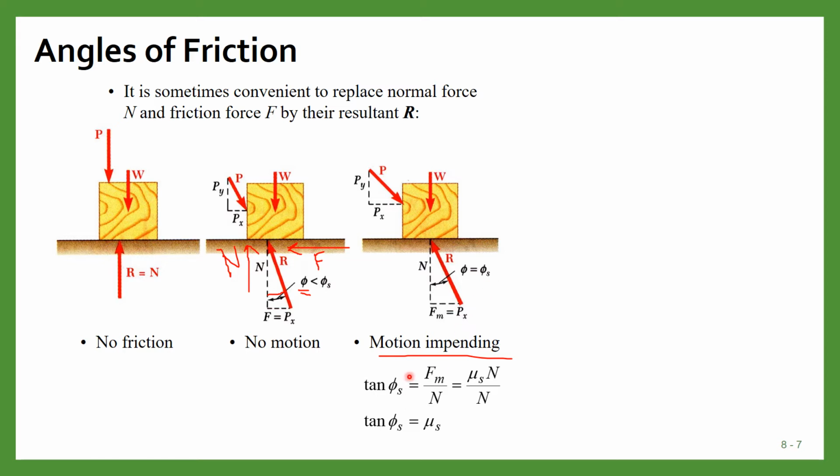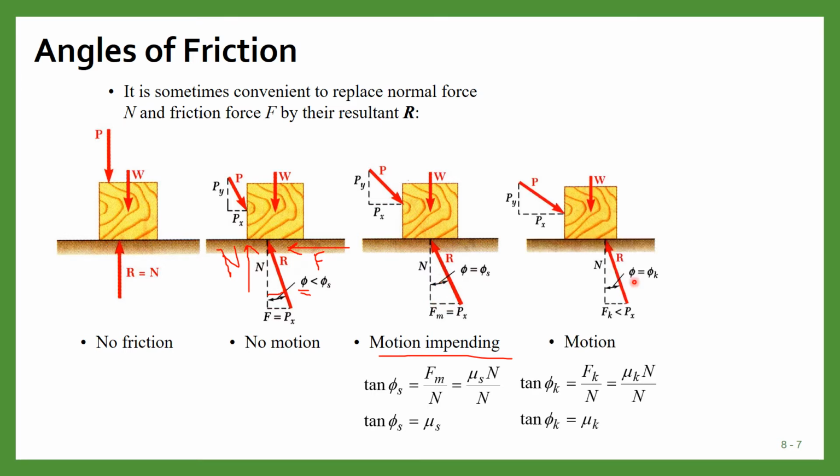You can find by using the tan law, tan phi s will be equal to Fm by N, which is equal to mu s N by N, and so tan phi s will be equal to mu s. So the coefficient of static friction we can find by taking the tangent of this angle. Similarly, when motion starts, we call this angle phi equal to phi k, and tan phi k will be equal to mu k.